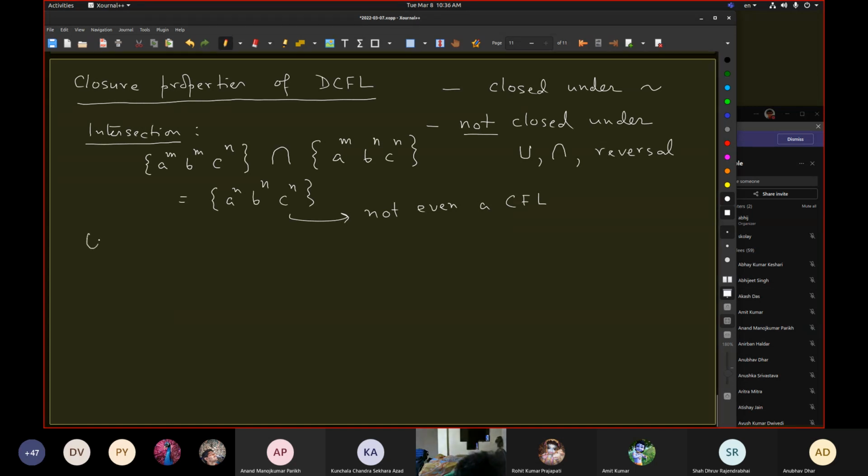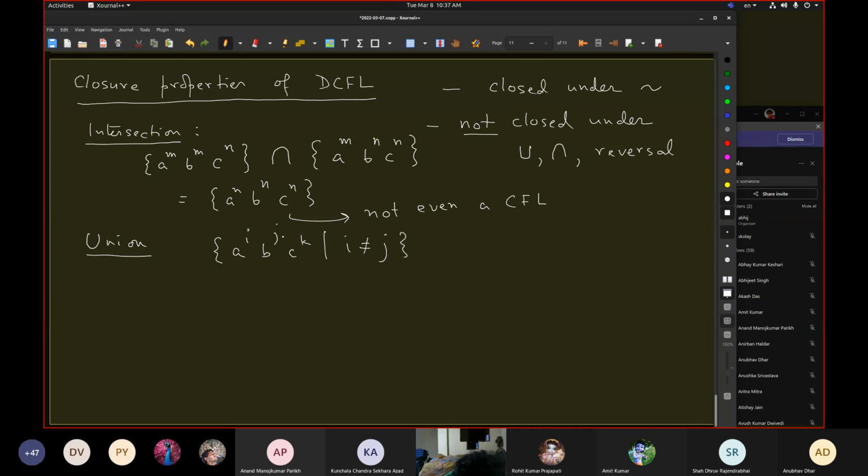I can do a similar construction with a little bit of jugglery. Let's say a power i, b power j, c power k, where i is not equal to j. And you can actually design a deterministic pushdown automaton for this.